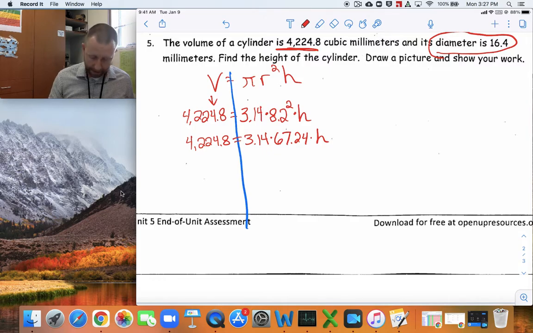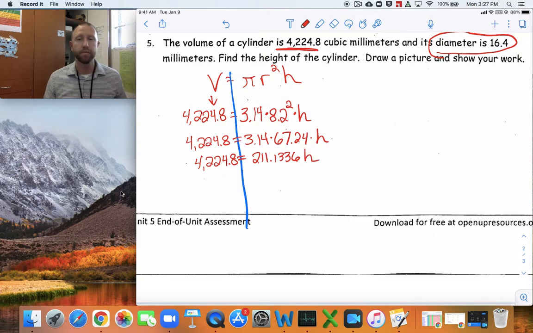Let's see what we get. I have 4,224.8. That always stays the same because I haven't done anything to it yet. Equals 211.1336 times h. The h is still there.